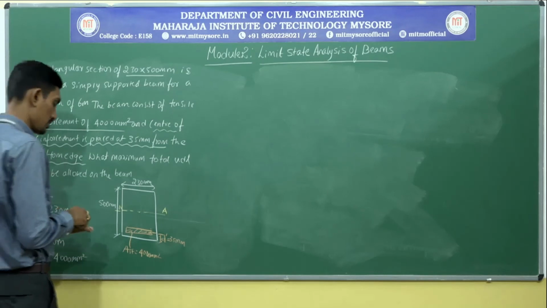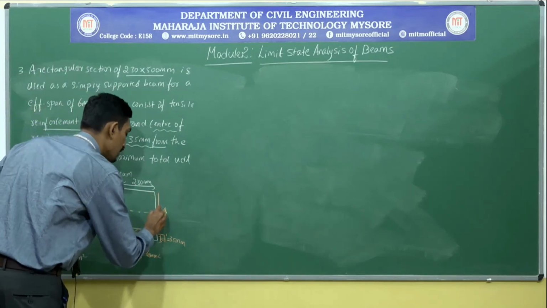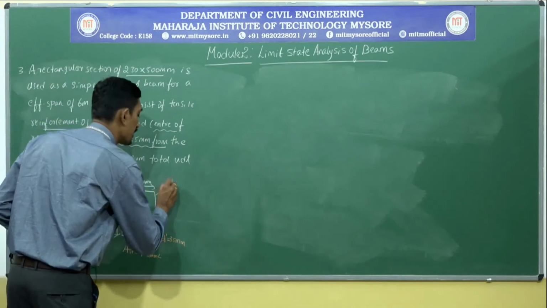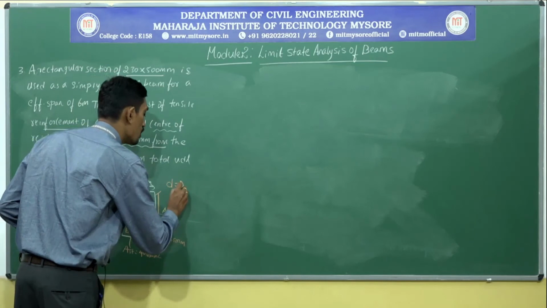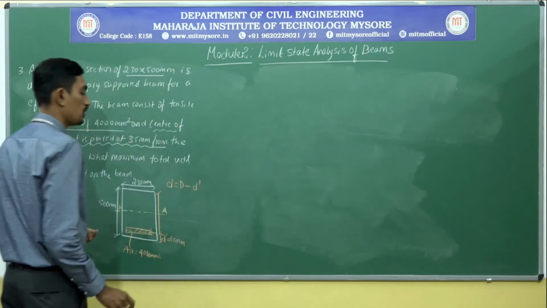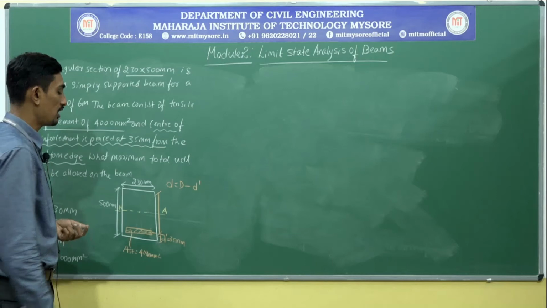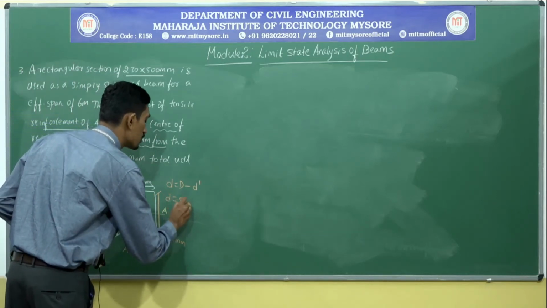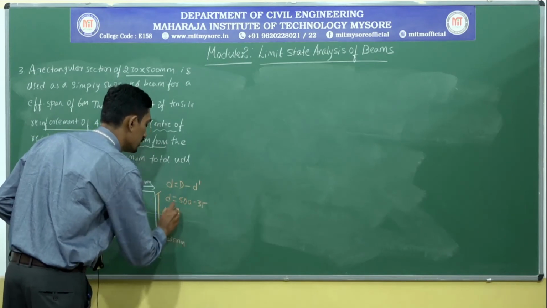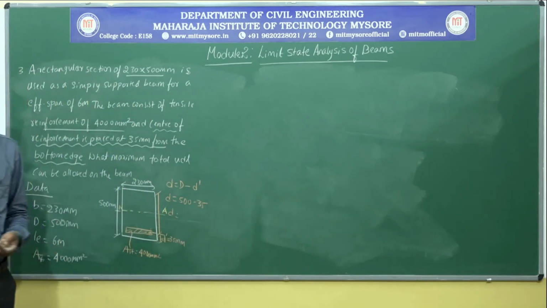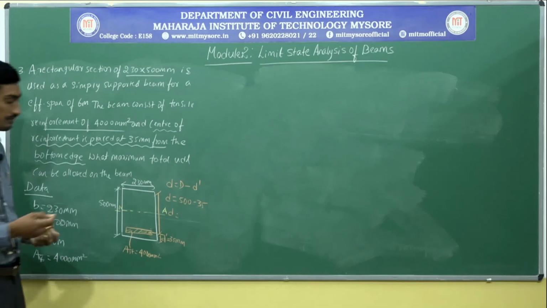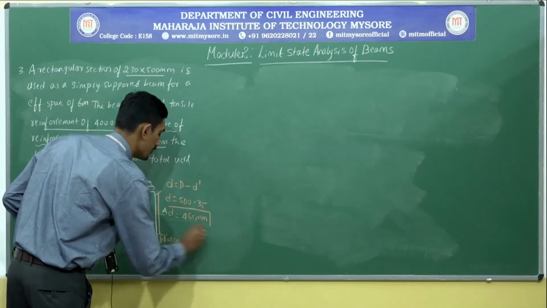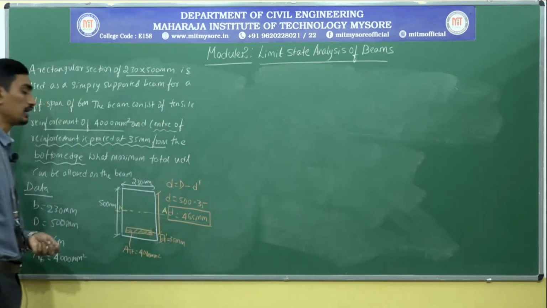So hence the effective depth d is equal to, how to calculate effective depth? Effective depth d is equal to overall depth minus effective cover. That is d is equal to 500 minus 35, which works out to be 465 millimeter.